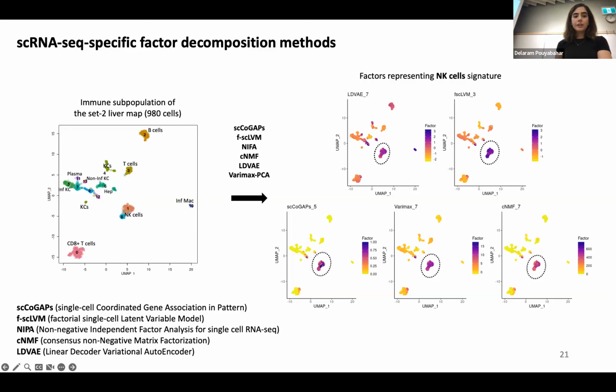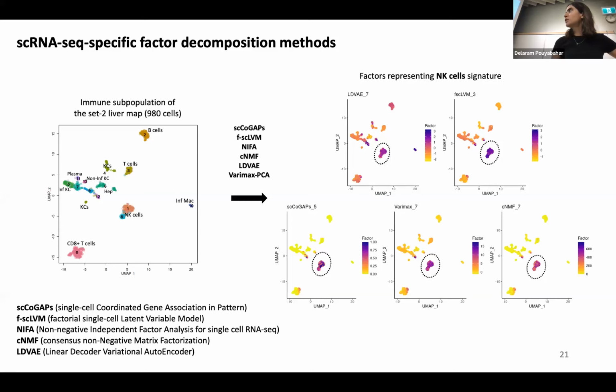This is FSCL-VM. This is another factor analysis approach specific for single cell, and they use latent variable models to perform the modeling. But the way that they model these attributes is a little bit different. They let you incorporate gene sets rather than cell-related metadata.